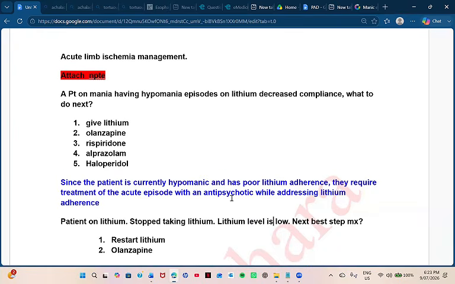Patient on lithium stopped taking lithium and lithium level is low. Next best step. So now tell me what you need to do, doctors. Quickly answer. It's a very important question.